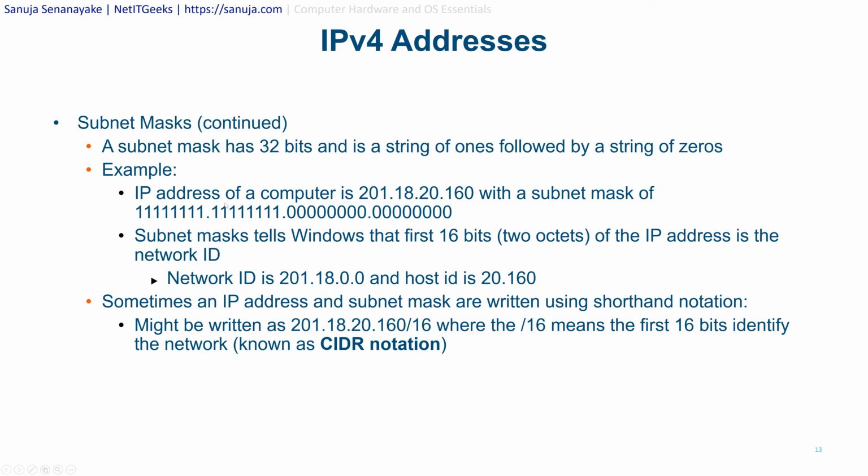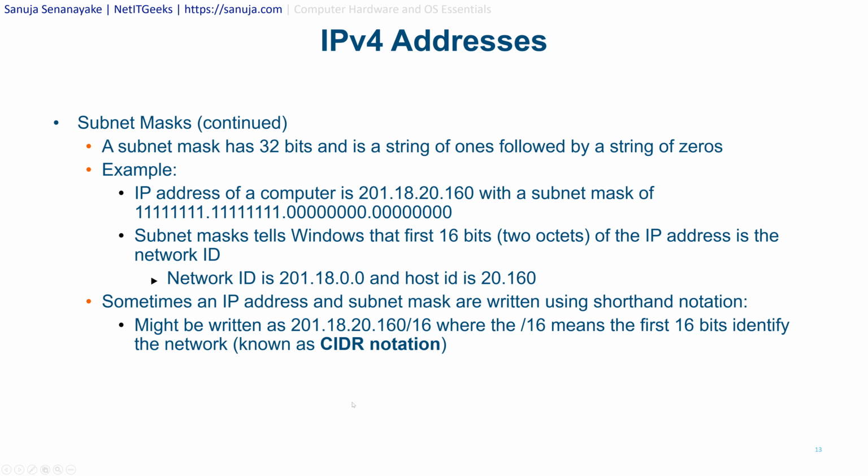Because the first two octets are all ones, we know the network ID is 201.18.0.0, because we only count those first two octets and the rest become zeros when you want to know the network address, the network ID. The host ID becomes the last two octets, which are 20 and 160, because those are zeros in the mask. So the last two octets are just the host ID.